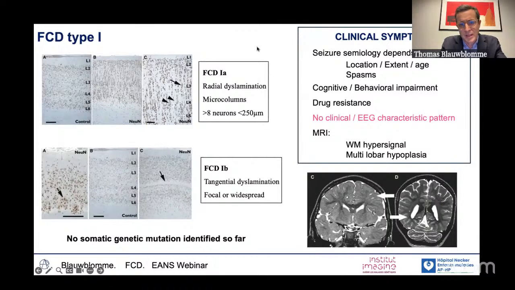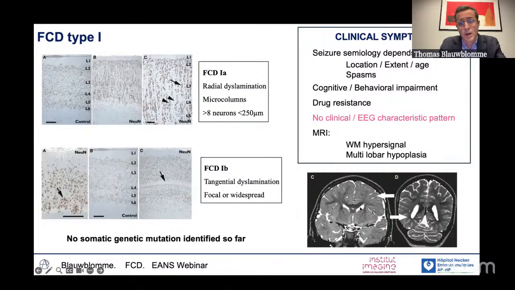And the asymmetry of the symptoms is one of the really important features that will help you to distinguish this FCD type 1 from other encephalopathy. It's resistant to the anti-seizure medication, but there is no clear EEG characteristic pattern. If you look at the MRI, this is also really complicated because it's very subtle.